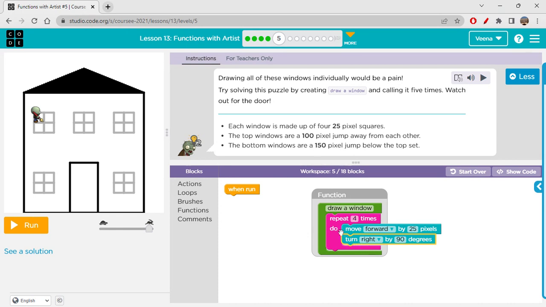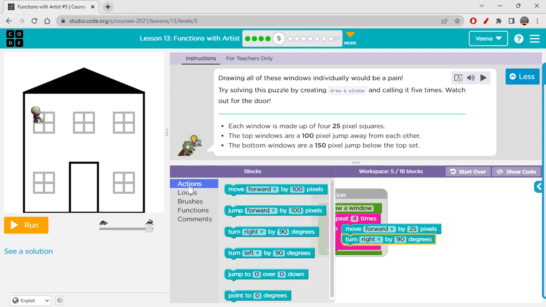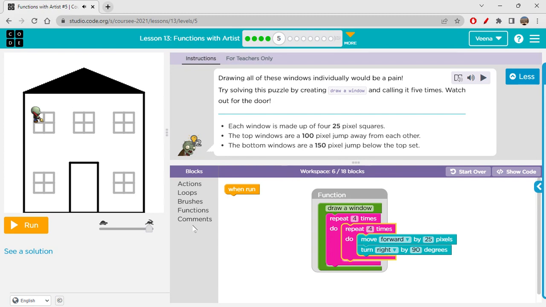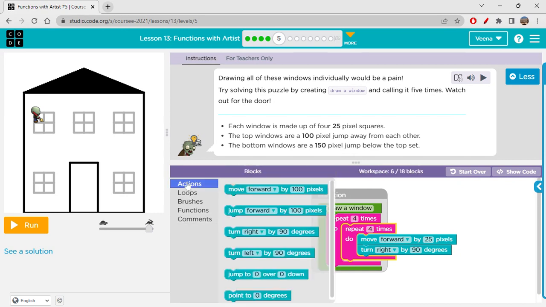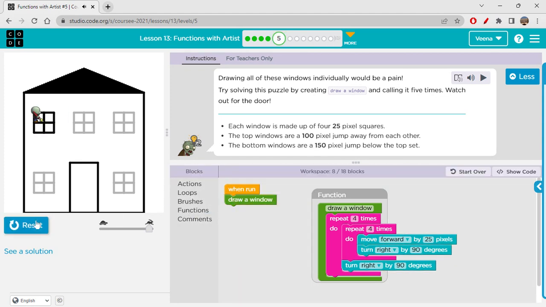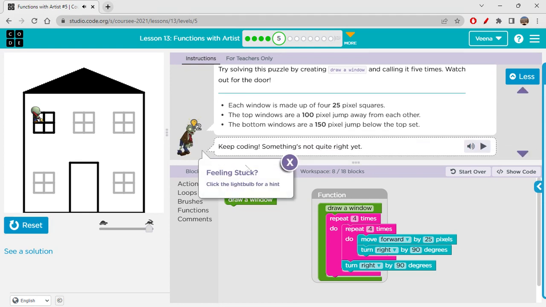This has to be drawn 4 times, so let's loop it again, but this should not be done like this because it will draw the same square again and again. We can't afford that. We again have to turn right by 90. Maybe let's try drawing the window first. Perfect. One is drawn.